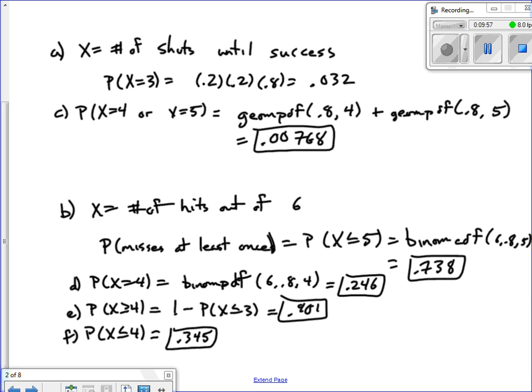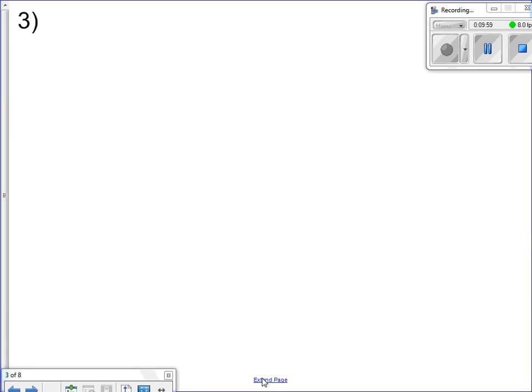All right, we'll take a look at number 3, the swimmers. So we have all that information in the table. We're told that things are independent, which is good. Basically, the checklist is gone. They kind of did the checklist for us up at the top. So what we're going to do: mean and standard deviation for the total time. So the expected total is swimmer 1 plus swimmer 2 plus swimmer 3 plus swimmer 4.